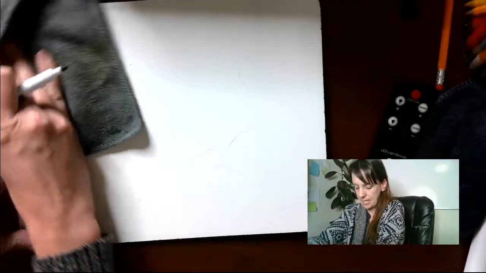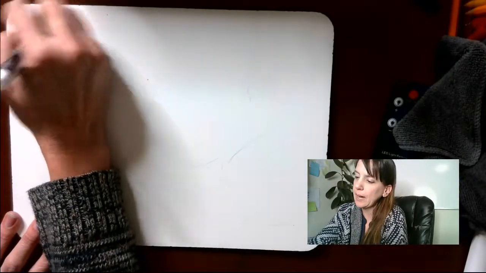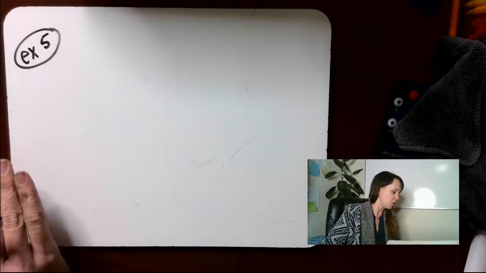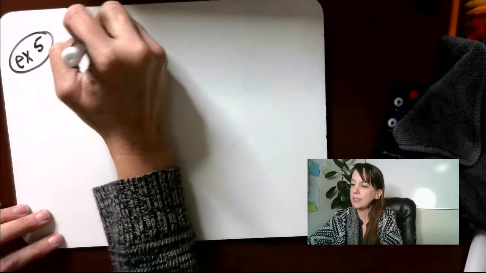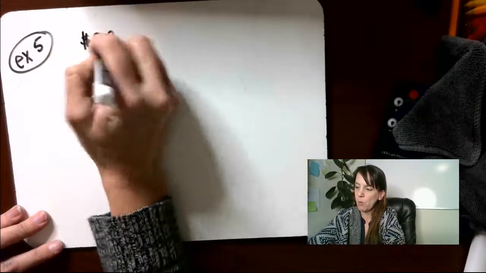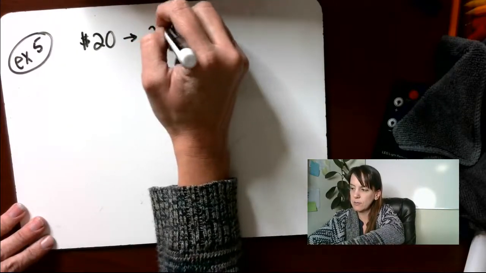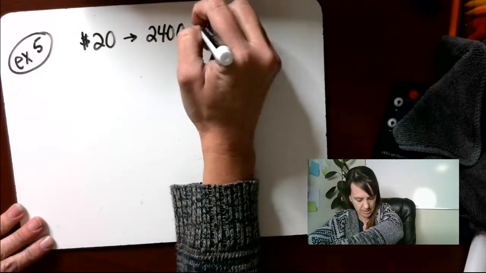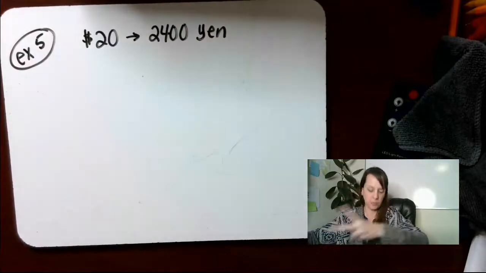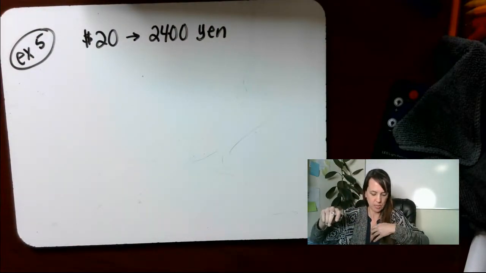We've got some sales tax and some conversions. For example, number 5, we have for a 5% service fee, a merchant agreed to exchange $20 for 2,400 yen, or vice versa, 2,400 yen for $20.